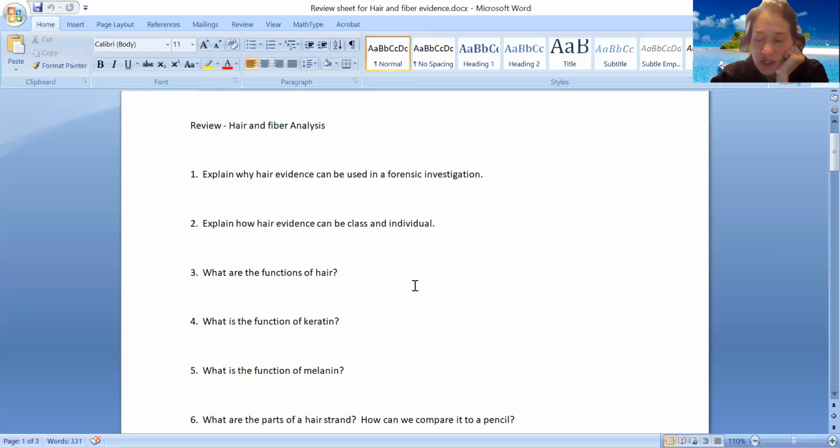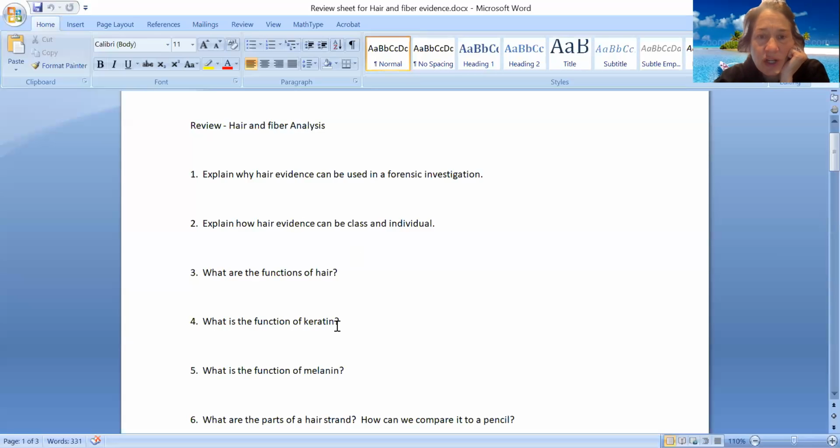What are the functions of hair? Okay, functions of hair. It is used for protection, for warmth. What else? Yeah, protection and warmth are probably good ones to put.